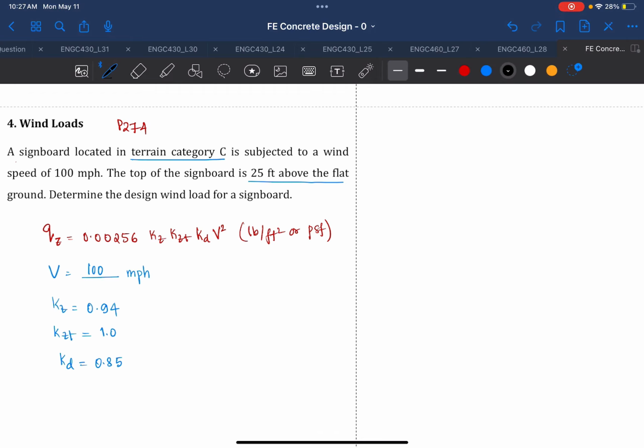If you use all these values, because this is a formula and all these factors are already calibrated according to the unit, and because we are using miles per hour, the final value will be 20.45 PSF. That's how you design for wind using the formula for calculating the wind load on page 274 in your FE manual. Okay, thank you.